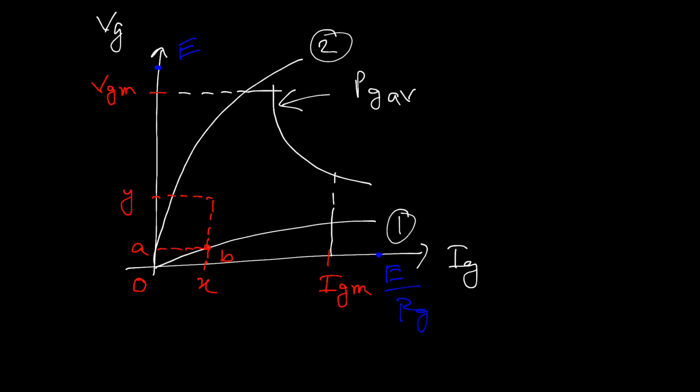This is actually the gate current Ig, and if we connect these two points, it will give you the load line.